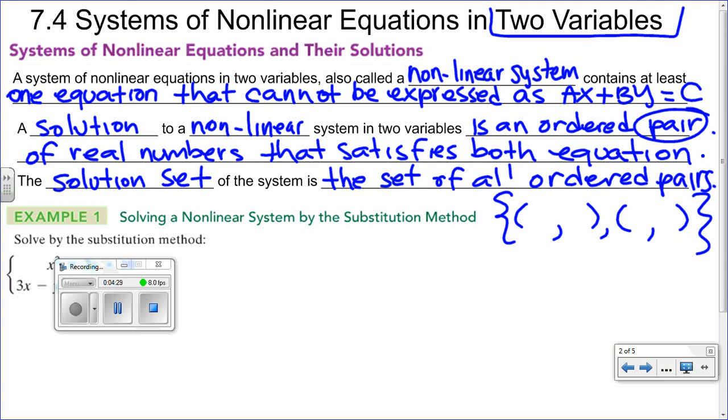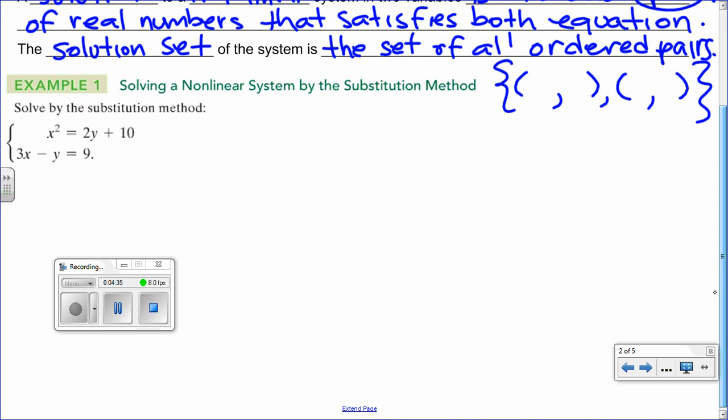We're going to look at the substitution and the addition or elimination method. For this system, what shapes are you going to get when you graph them, which we will do in a minute?